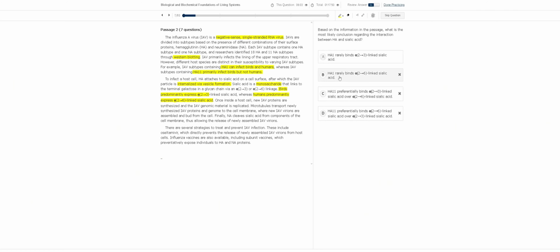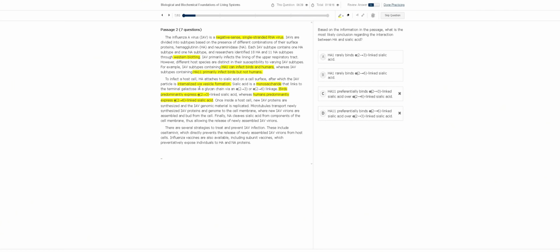Now let's look at B. Same thing, but this is for the humans now. Humans have an alpha 2-6 linkage, and remember it binds both birds and humans, and saying rarely means almost never, so B has to be wrong also. Now if you look at C and D, C is saying that HA11 preferentially binds alpha 2,3 linked salicylic acid over 2,6.